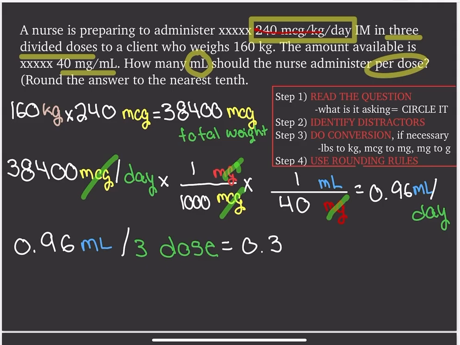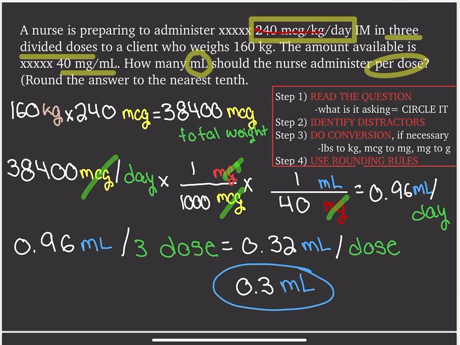They receive 3 doses in a day, and that will give us 0.32 milliliters per dose. The last step is to read your rounding rules, and it says round to the nearest tenth. So that will be 0.3 milliliters per dose, and that's your final answer.